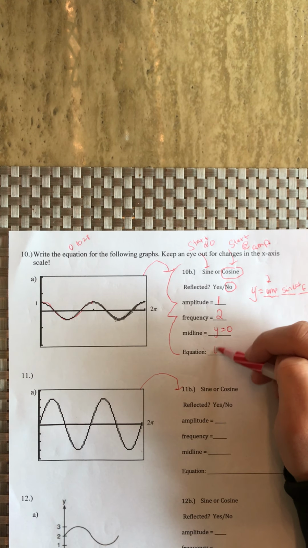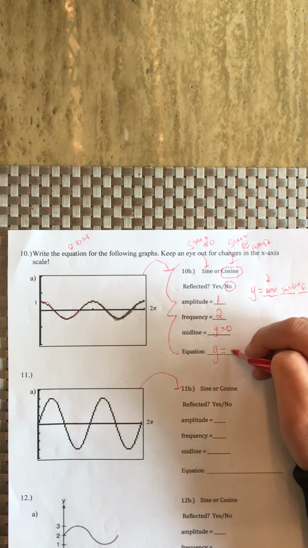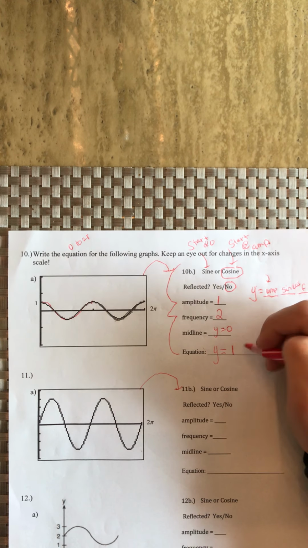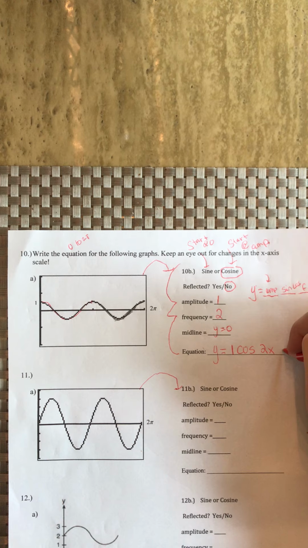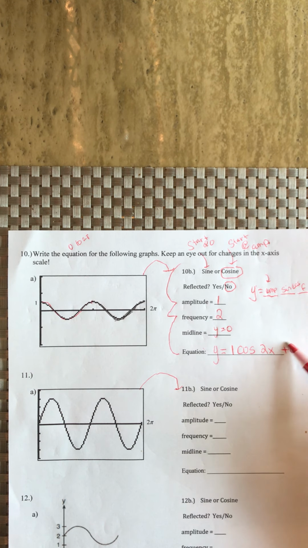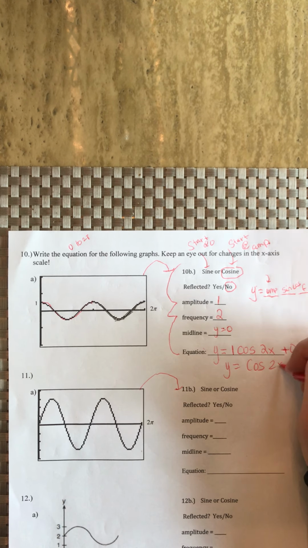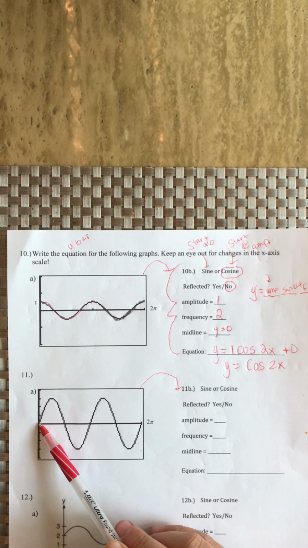So we have y is equal to, we have our amplitude, 1, and if the amplitude is 1, you don't really need to write that. Cosine 2x plus 0, and again, you don't actually have to write this plus 0, so it would be y is equal to cosine 2x.